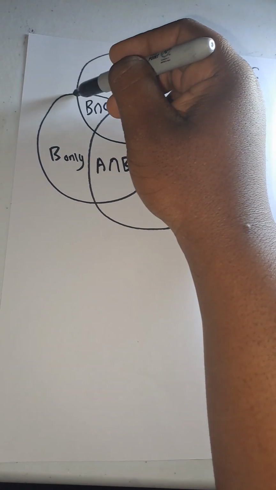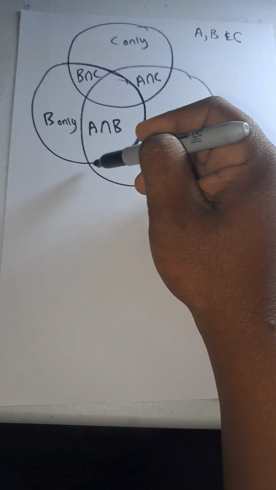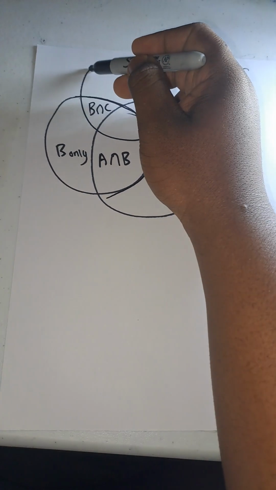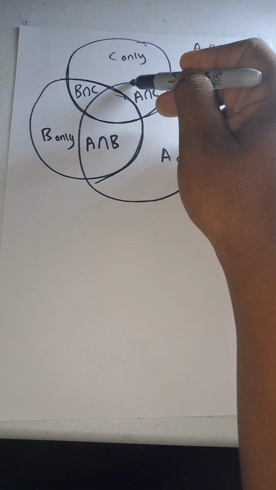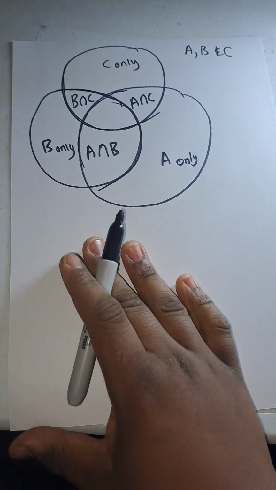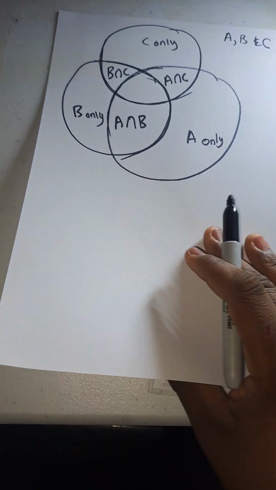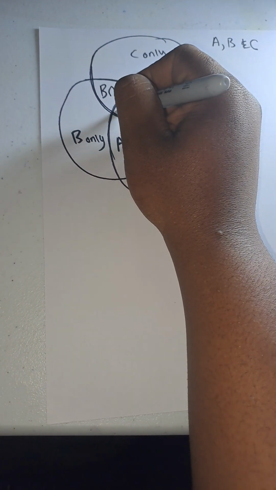Now what about this part? As you can see, the one for B is visible there, the one for C is also visible there, and the one for A is visible there. So what does it mean? Let's talk about sports.